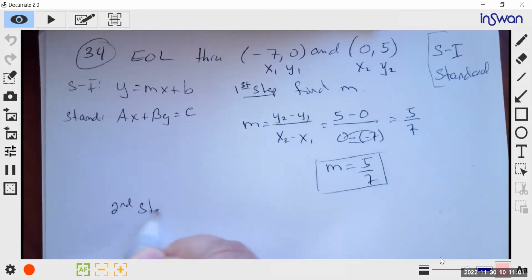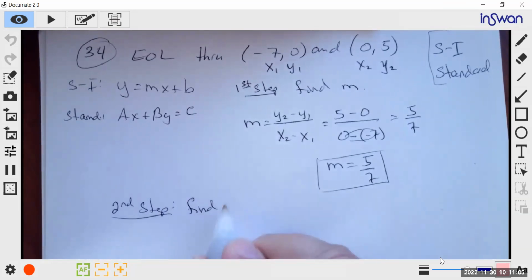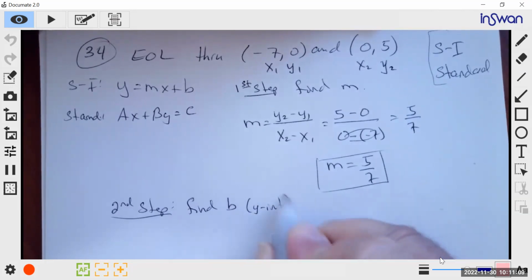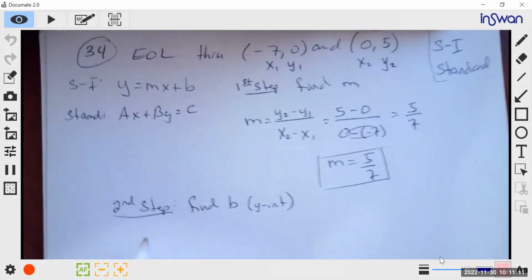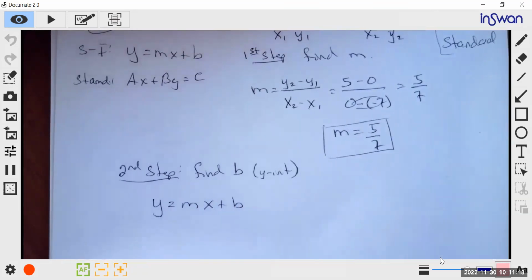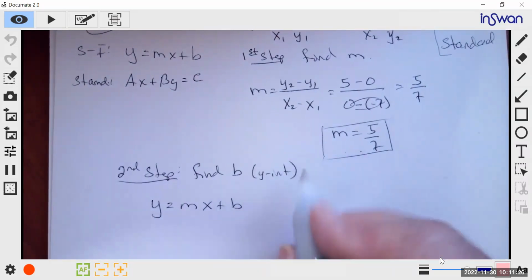Second step, find b, the y-intercept. Okay, so we have the slope, we have m.